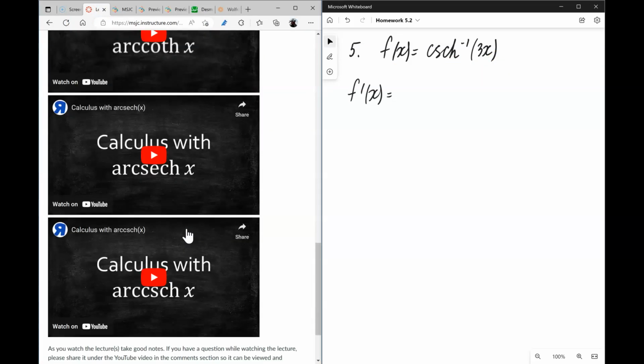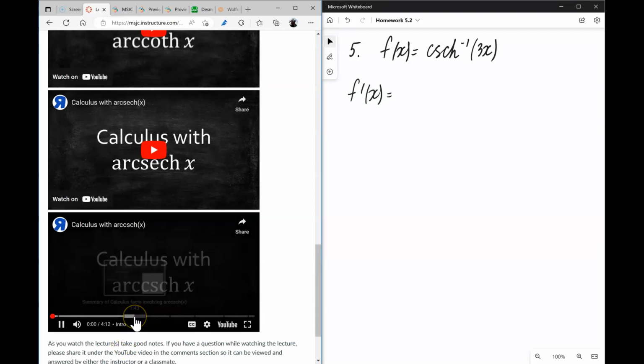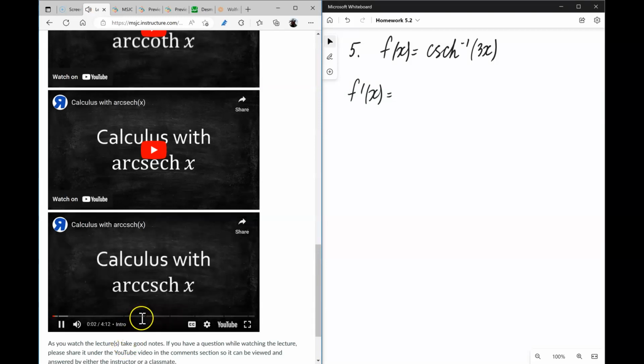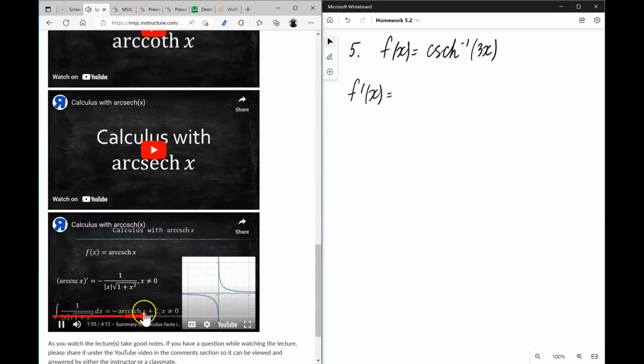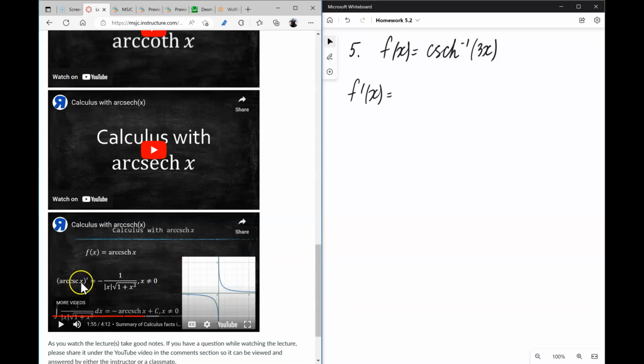So what's the derivative of cosecant inverse? It's somewhere here. Let's see. So that's the derivative of hyperbolic arcsecant, right? There's a typo here, a missing h, but here's the answer. So it's going to be negative 1 over absolute value of 3x times square root of 1 plus 3x squared.